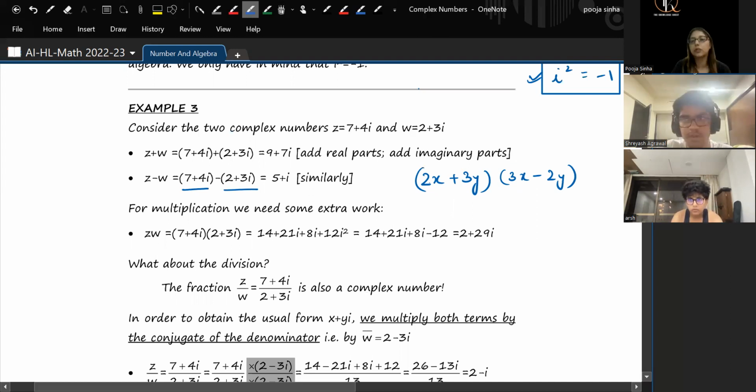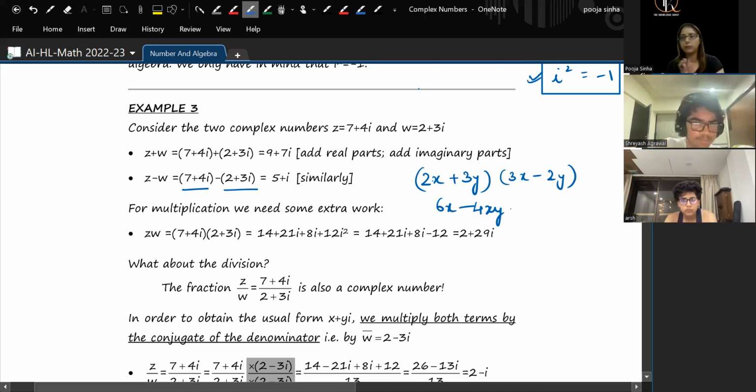So you would do 2x into 3x, which is 6x square. Then 2x into minus 2y, which is minus 4xy. Now I don't need like terms to multiply, right?